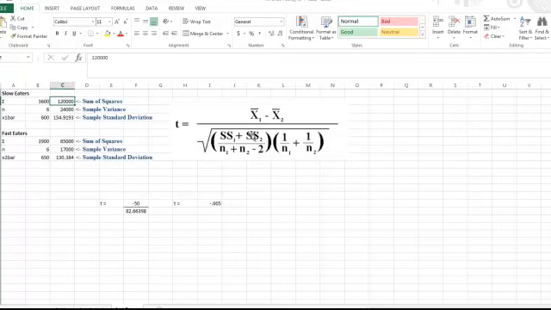Now, this might look a little bit different from what your textbook had. I tried to find one that would make the most sense, and in this case, sum of squares, we've done that, and so that was the easiest. So again, we're looking at sample mean 1 minus sample mean 2 over sum of squares for group 1, sum of squares for group 2, n1 plus n2 minus 2 for degrees of freedom, and then times 1 over n1 plus 1 over n2.